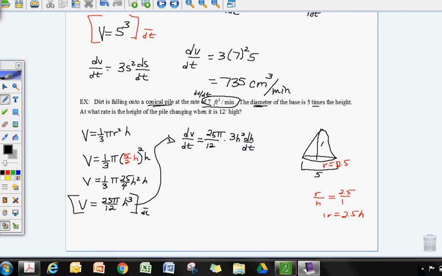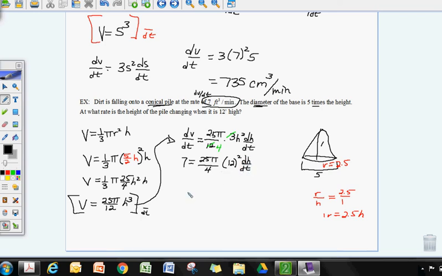See a little reducing that's going to go here. This and this make a 4. I plug in all the numbers that they gave me. dV/dt is 7 equals, I have 25 pi over 4 now. The h is 12, and that's going to be squared, and I'm after dh/dt.